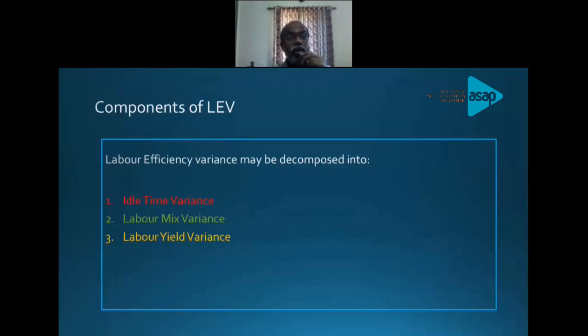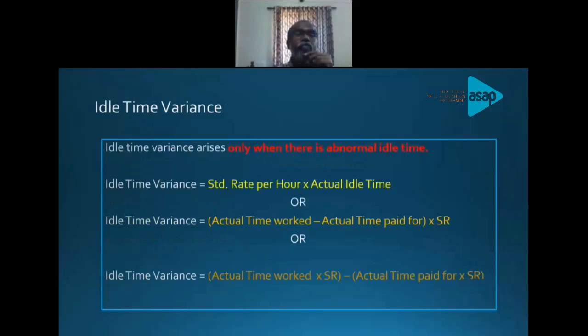Labor efficiency variance is divided into three components. They are labor idle time variance, labor mix variance, and labor yield variance. So we are trying to understand them one by one.